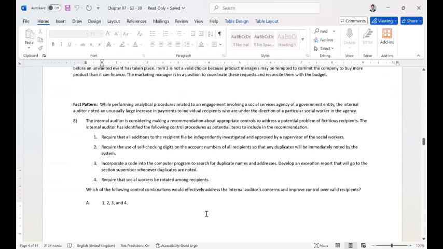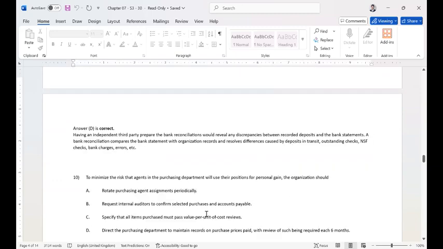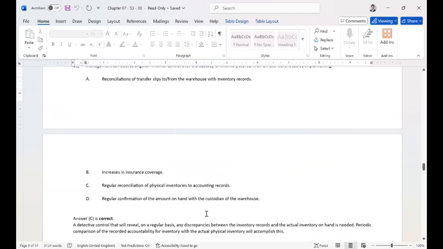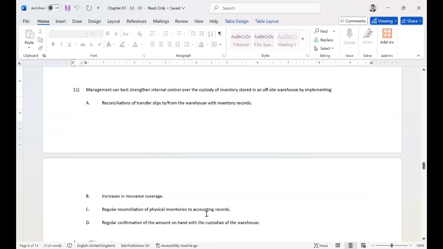You do just one more and then stop for the day. Management can best strengthen internal control over the custody of inventory stored in an off-site warehouse by implementing what? You have an off-site or third-party location.